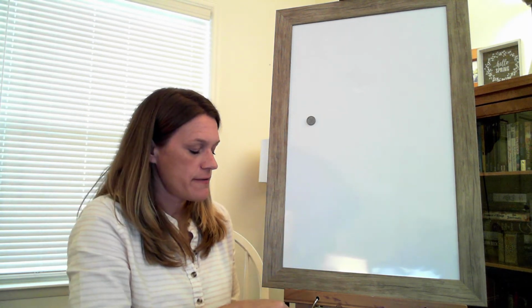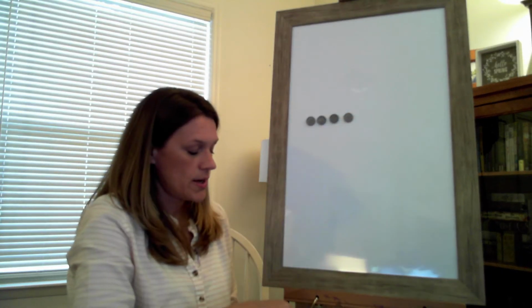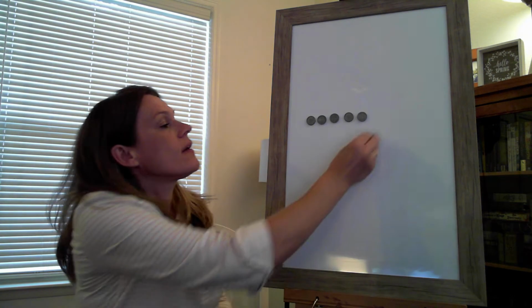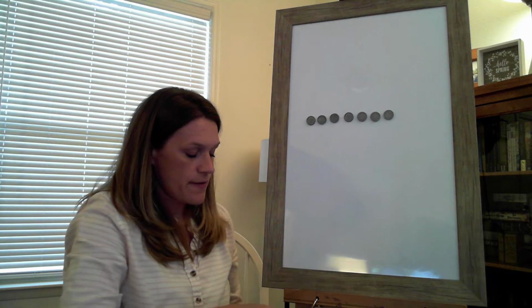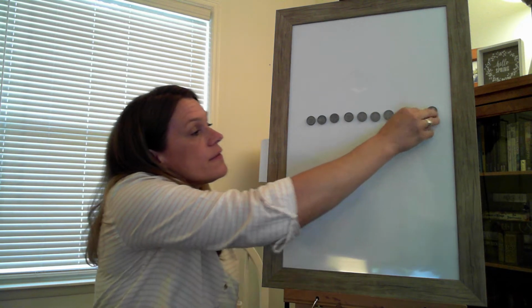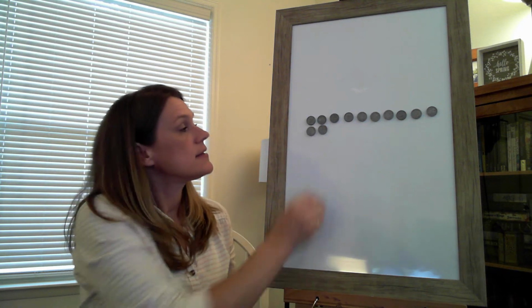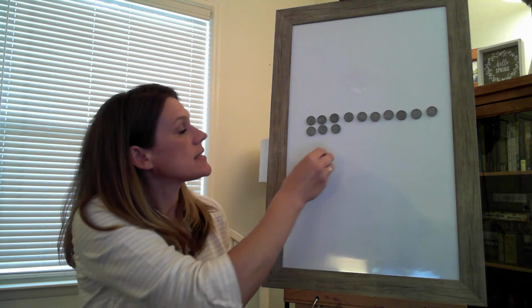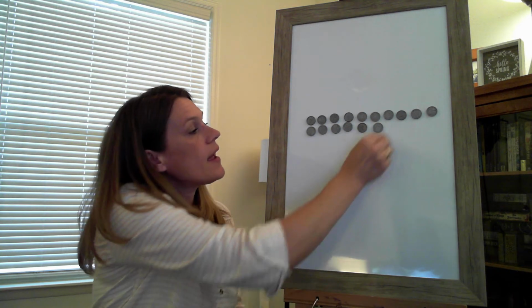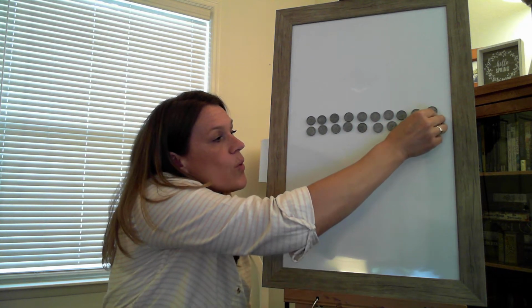So we have 5, 10, 15, 20, 25, 30, 35, 40, 45, 50, 55, 60, 65, 70, 75, 80, 85, 90, 95, 100.